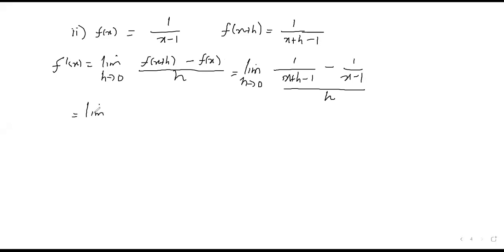So as you can see, the numerator there, those are 2 fractions. So we get the common denominator, x plus h minus 1 multiplied by x minus 1.